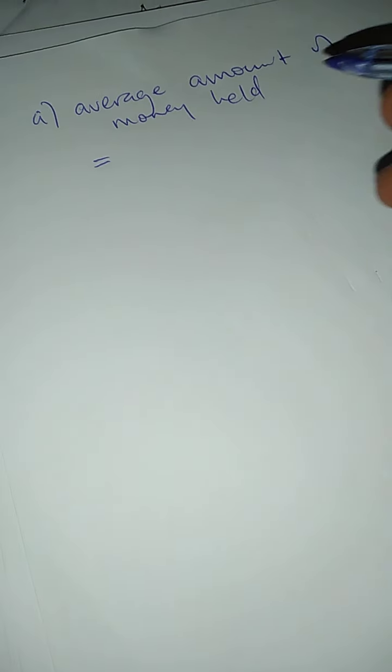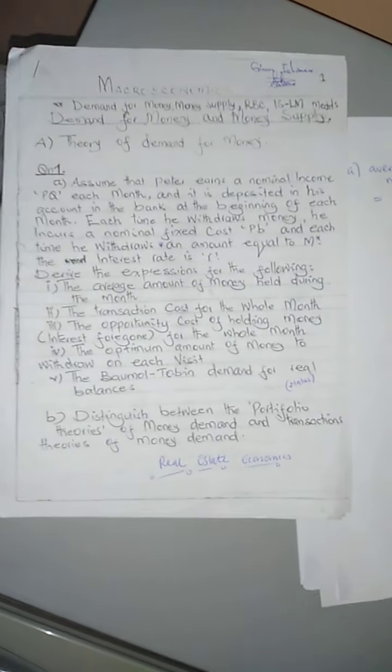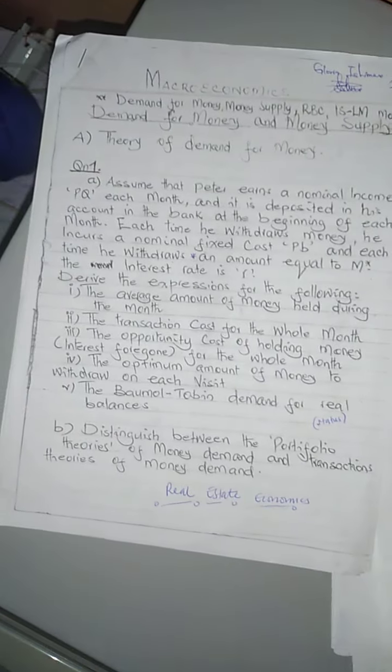So part A, the average amount of money held is going to be equal to, if we analyze the question, they have said that assume that Peter earns a nominal income PQ.